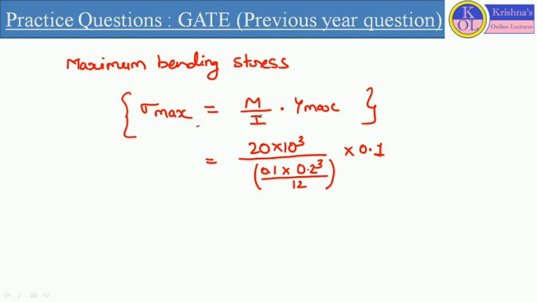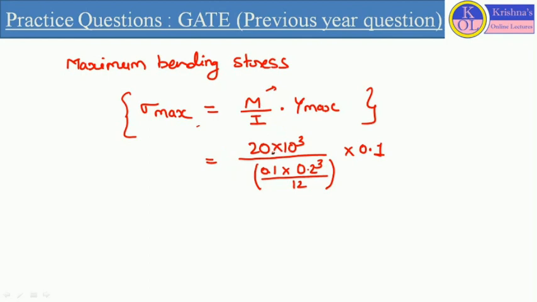It is equal to M by I into y, where M is the maximum bending moment, I is the moment of inertia, and y max is the distance from the neutral axis. This particular distance we will consider. Now here sigma max we will define by this particular formula.